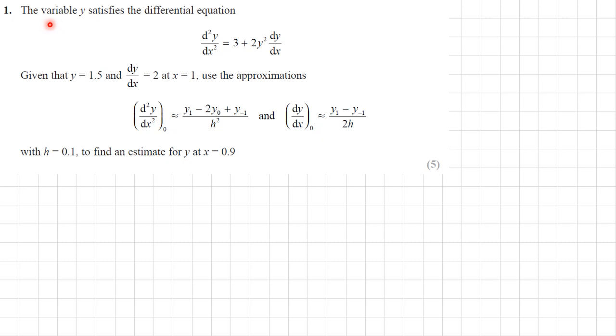Question number 1. The variable y satisfies a differential equation d squared y over dx squared is equal to 3 plus 2y squared dy dx.